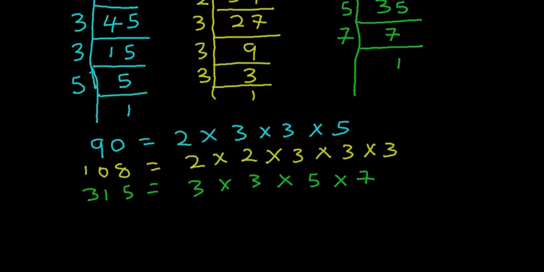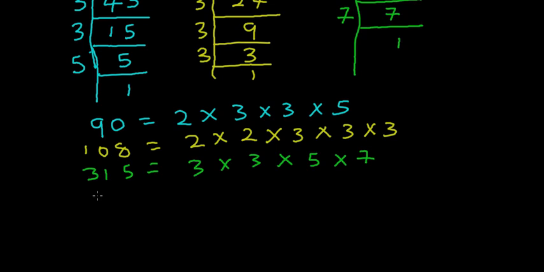Okay, so what is the highest common factor? Okay, the highest common factor, you notice that 2 is common in 90. We have 2 in 108, but we don't have it in 315.